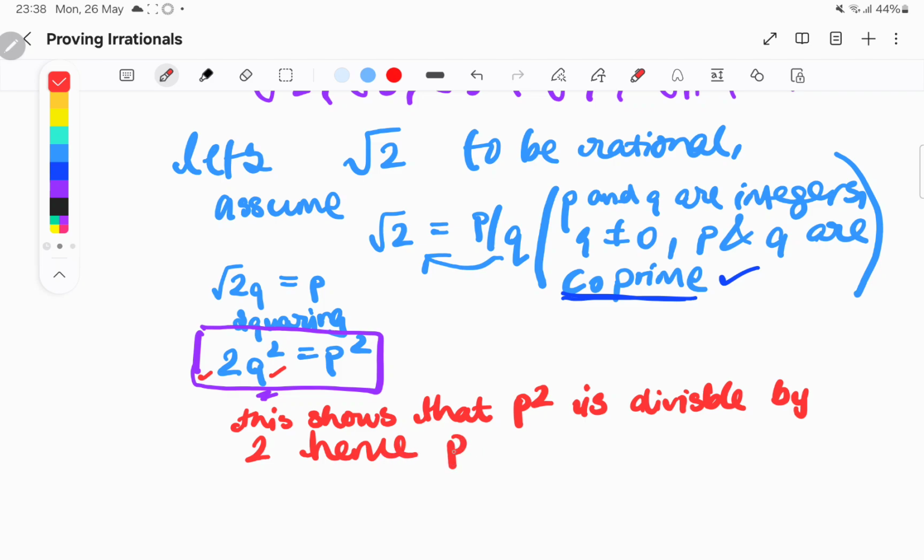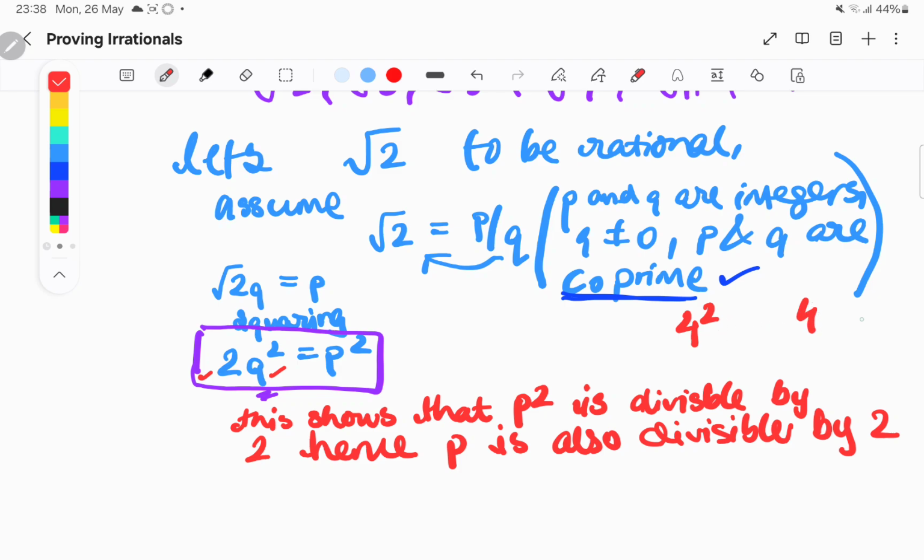Hence, p is also divisible by 2. As we discussed, if we take 4 square and 4, this is also divisible by 2, and this is also divisible by 2. That's what the law means. There's a property in the textbook you have to know. They show that p square is divisible by 2, hence p is also divisible by 2.